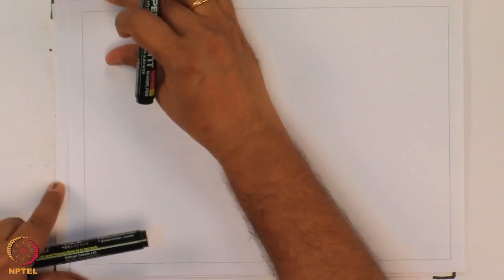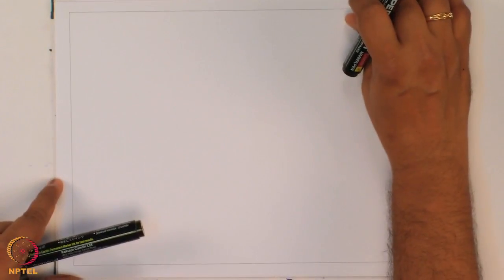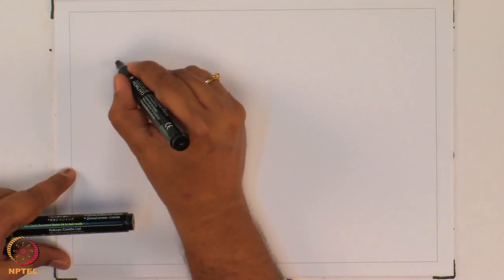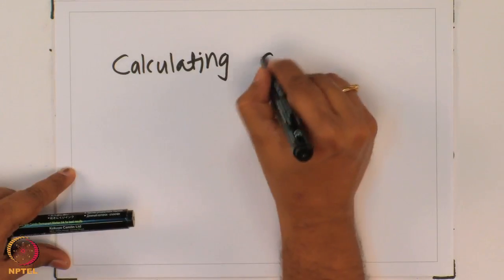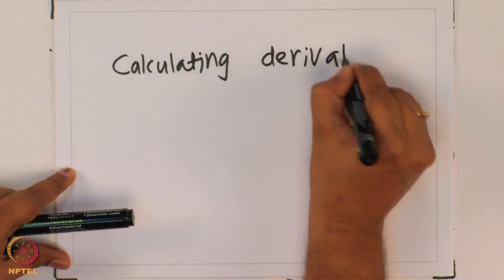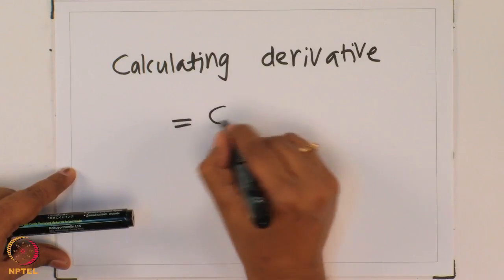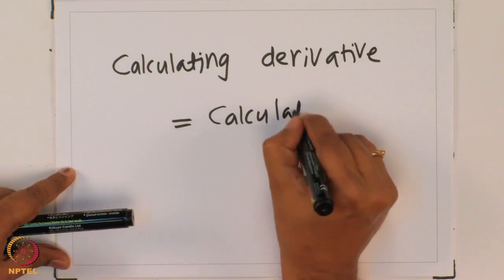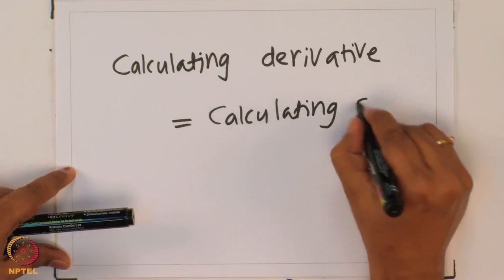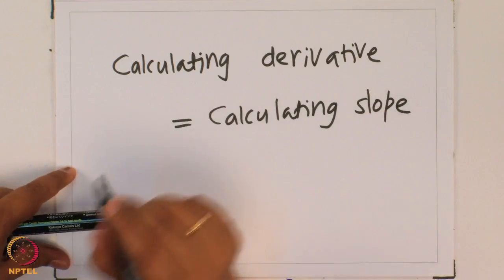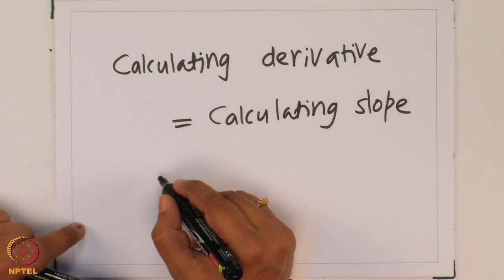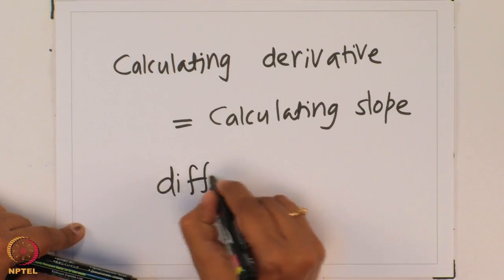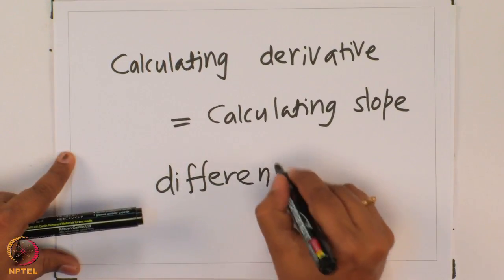In mathematics there is a process called differentiation, which is calculating the derivative, the same as calculating slope.